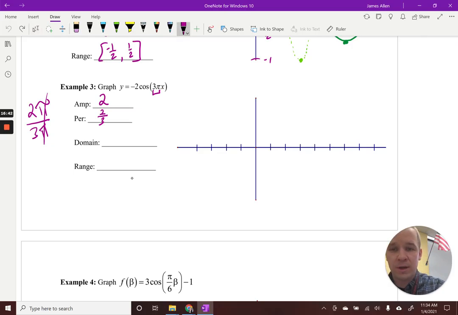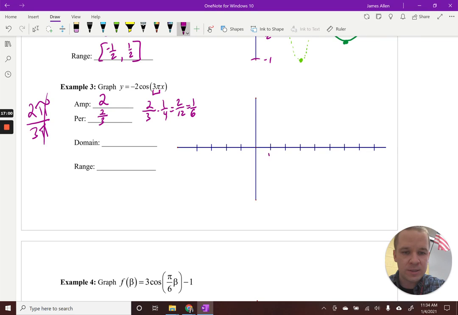So if I take 2/3, dividing by 4 is the same as multiplying by 1/4. So I get 2/12, or 1/6. Okay? So that's what I'm going to use for my tick marks. Every 1/6.